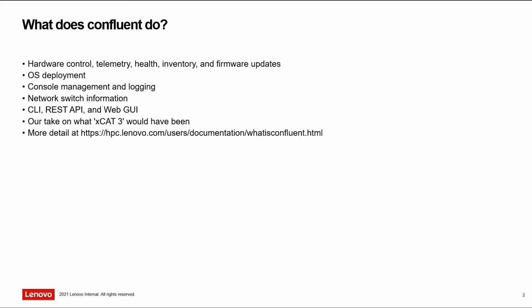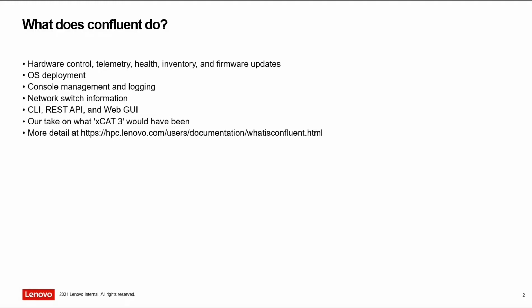It provides for OS deployment to disk or, in a future release, diskless boot, which will be mentioned later. It provides console management and access through either the command line or the web interface, as well as an ability to log all console data if desired.